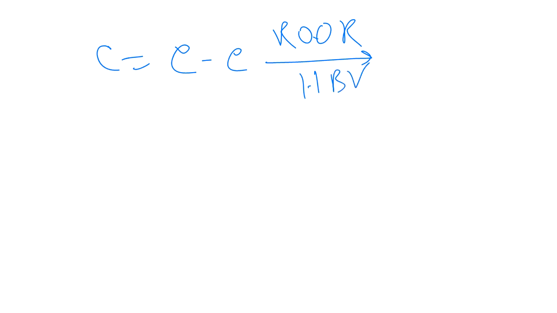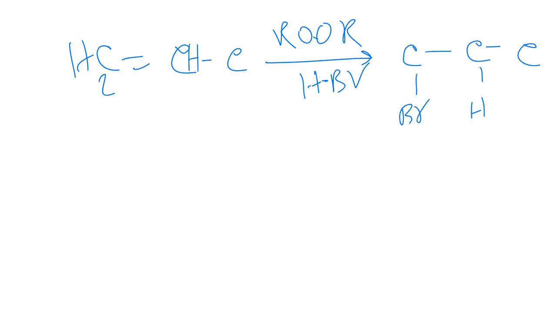In this case, the addition is going to be, I'm sorry, anti-Markovnikov addition. So basically, Br is added to one carbon and H is added to the other carbon, but H is added to the carbon with the greater number of hydrogens of the carbon-carbon double bond. So this is the anti-Markovnikov addition.